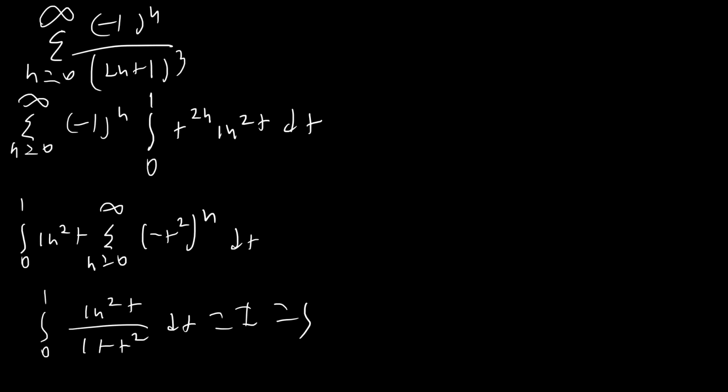One tricky substitution you can make whenever you see something with a power of t plus 1 on the bottom and ln on the top is the substitution t equals 1 over u, or u equals 1 over t, whichever you want. When we make the substitution, dt is going to be negative 1 over u squared du. And instead of going from 0 to 1, we're going to be going from infinity to 1.